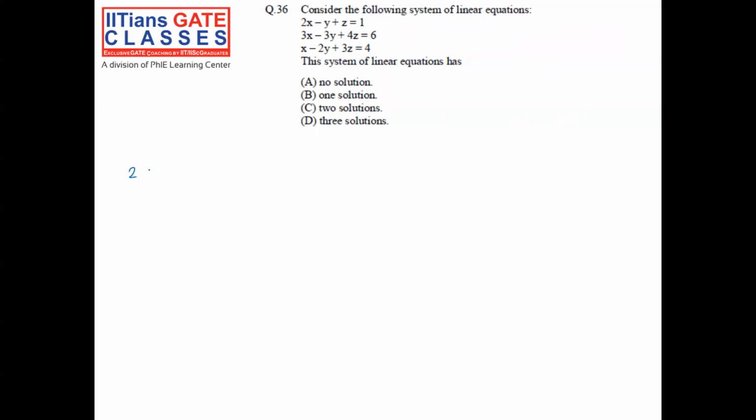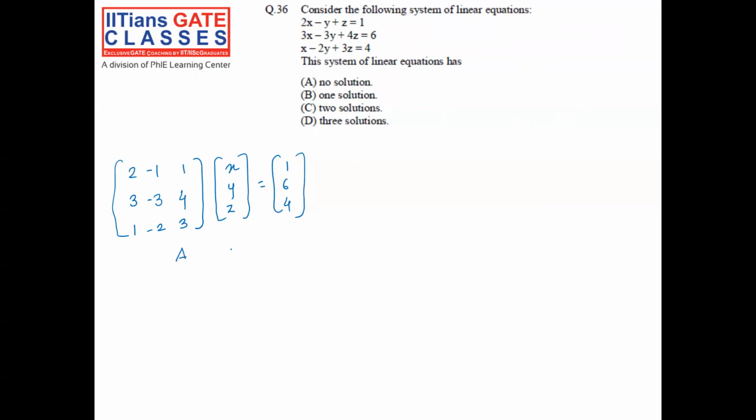So it is 2 minus 1, 1, 3 minus 3, 4, 1 minus 2, 3, times x, y, z equal to 1, 6, 4.